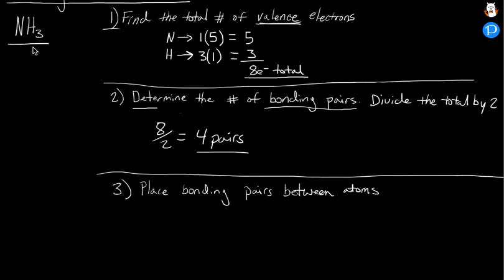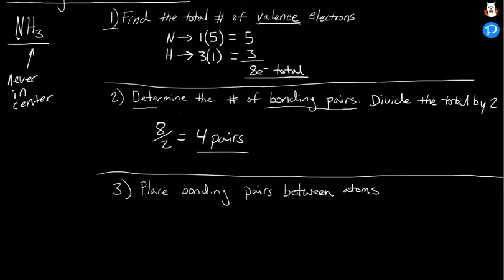Also, hydrogen is never in the center. It's never the central atom because it only has 1 valence electron and can only hold 2 valence electrons in its outer shell. It can't hold that many valence electrons.